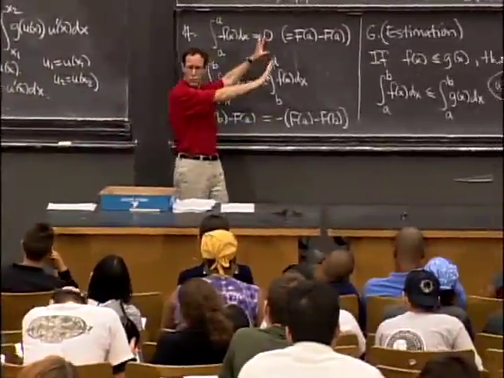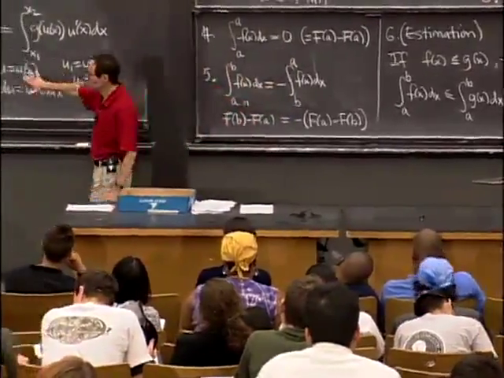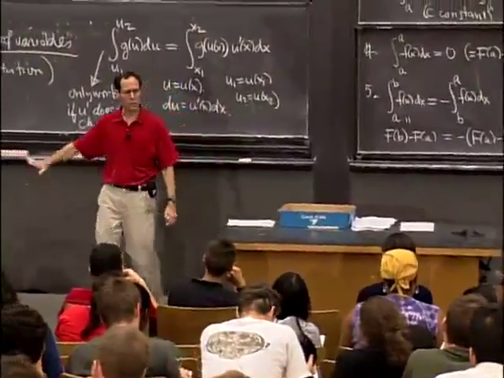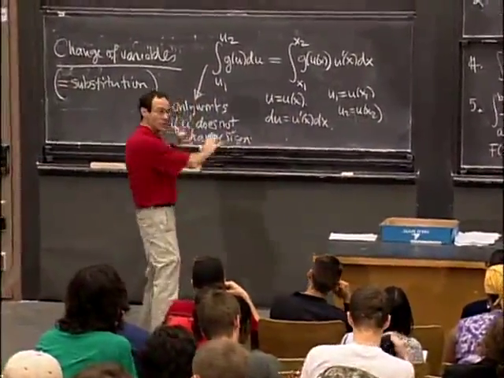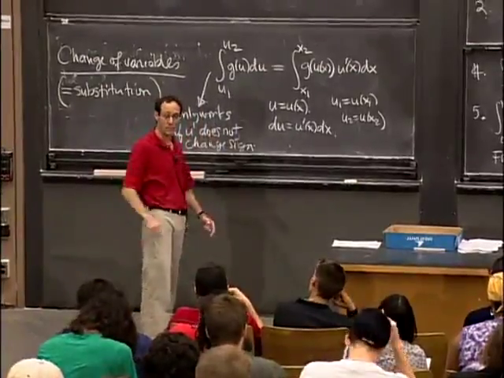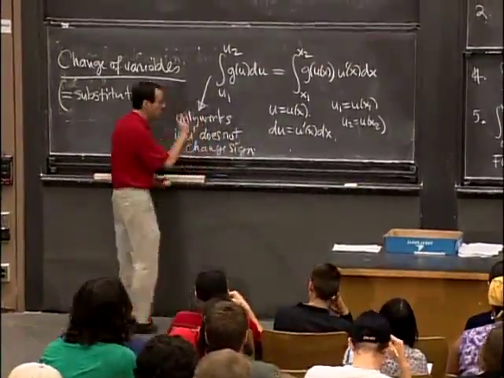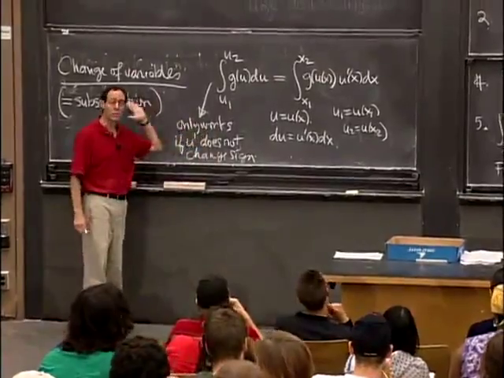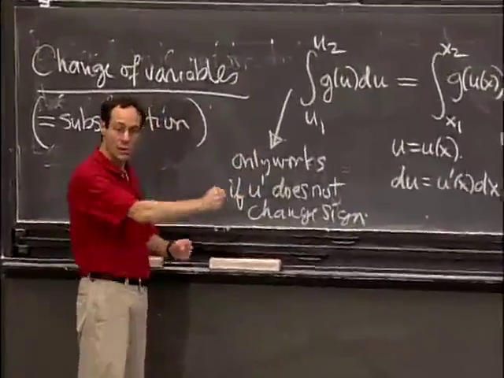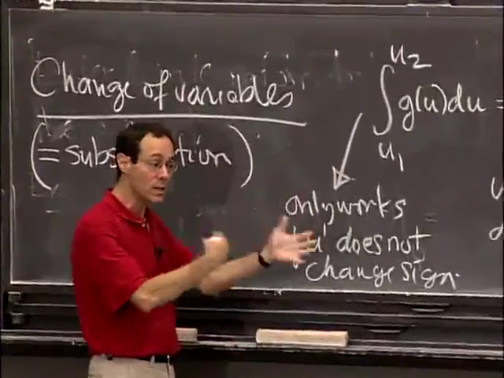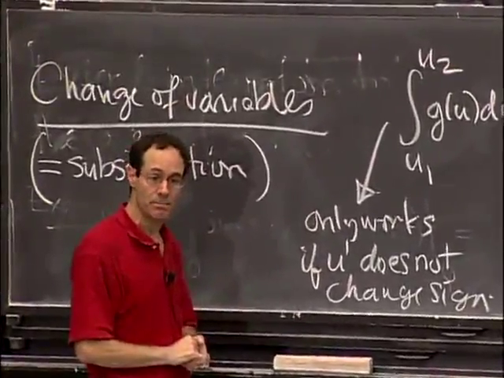So we're sort of free to do it. Well, this is one case where you want to avoid it. Just don't do it. It is possible, actually, to make sense out of it, but it's also possible to get yourself infinitely confused. So it's okay if u prime is always negative, you're always going one way. It's okay if u prime is always positive, you're always going the other way. But if you mix them up, you'll get yourself mixed up.